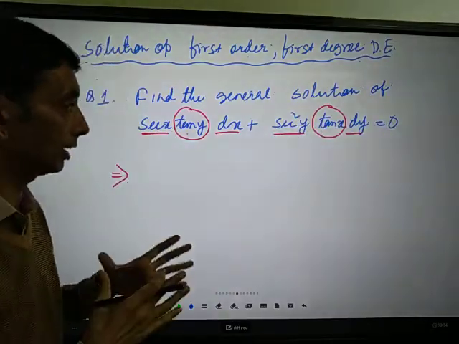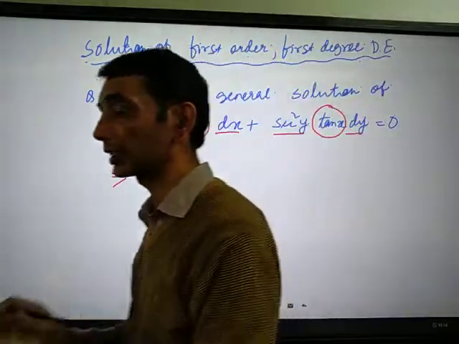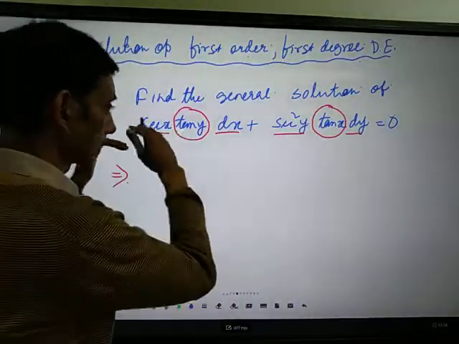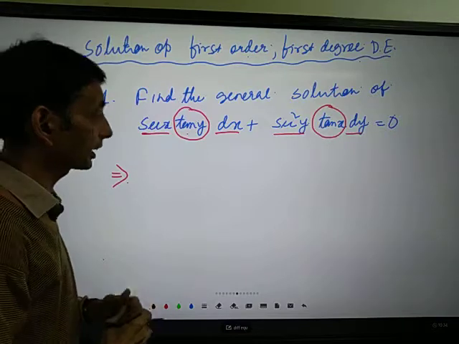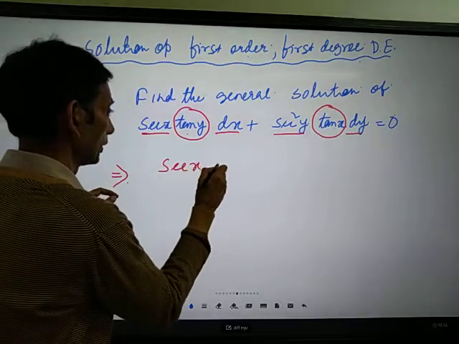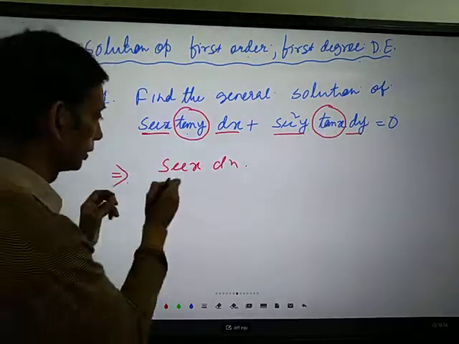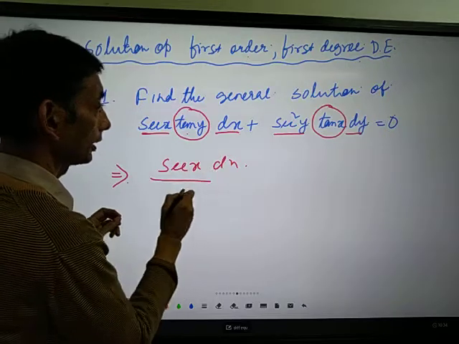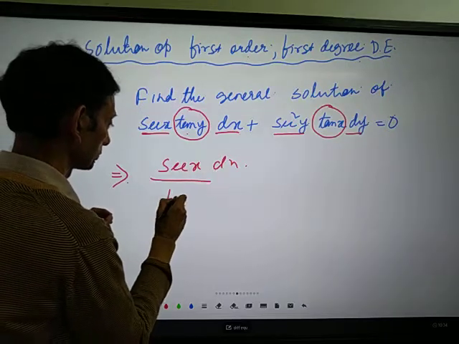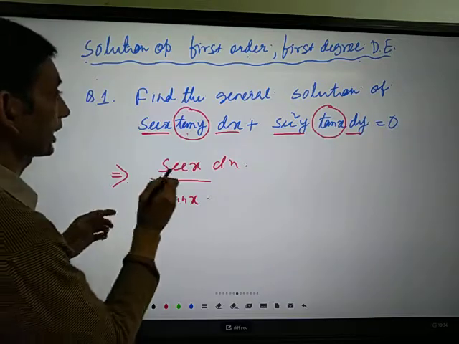Depending on the equation, the method will obviously be different, but for this question the simple technique is that throughout we will divide by tan x and tan y. If we divide the first term by tan y and tan x, tan y will get cancelled out, and we get, okay, I'll just correct this.